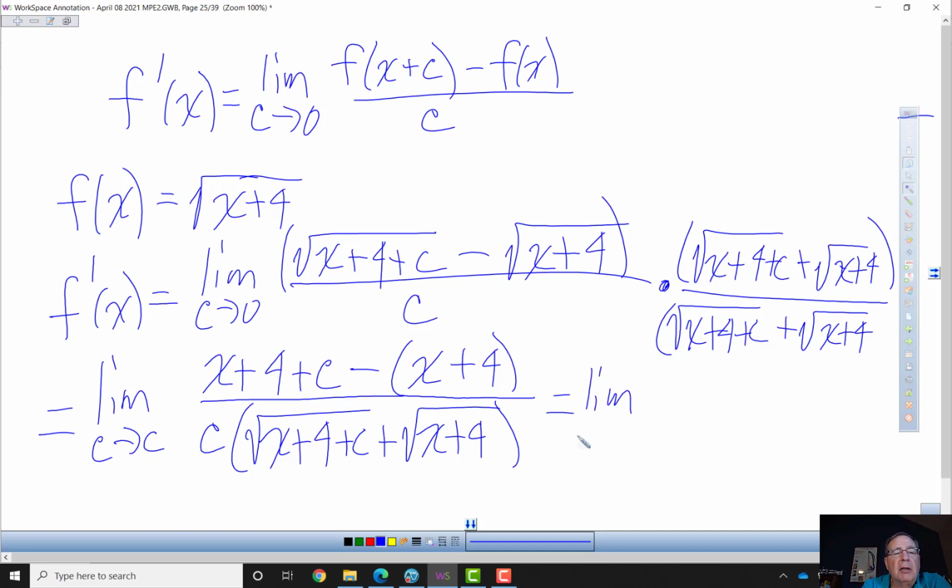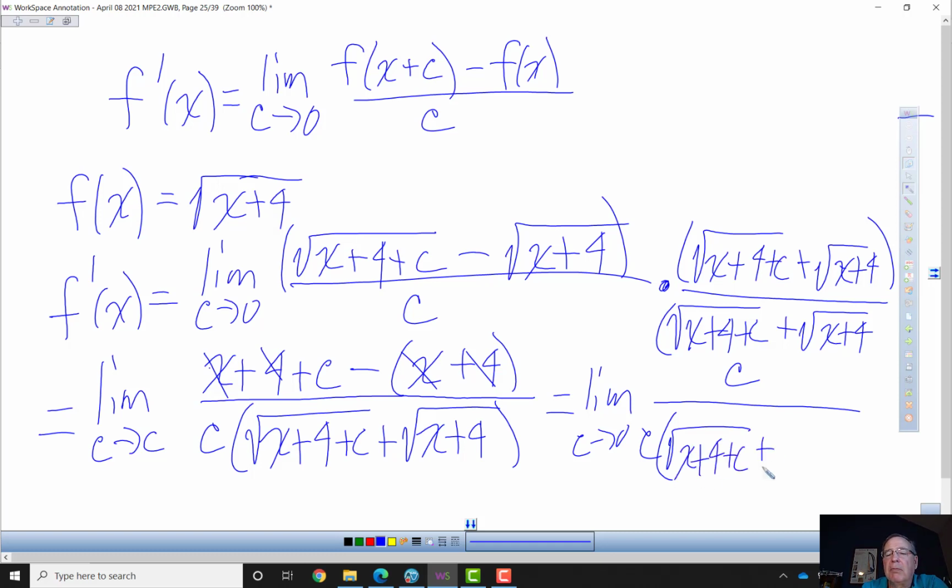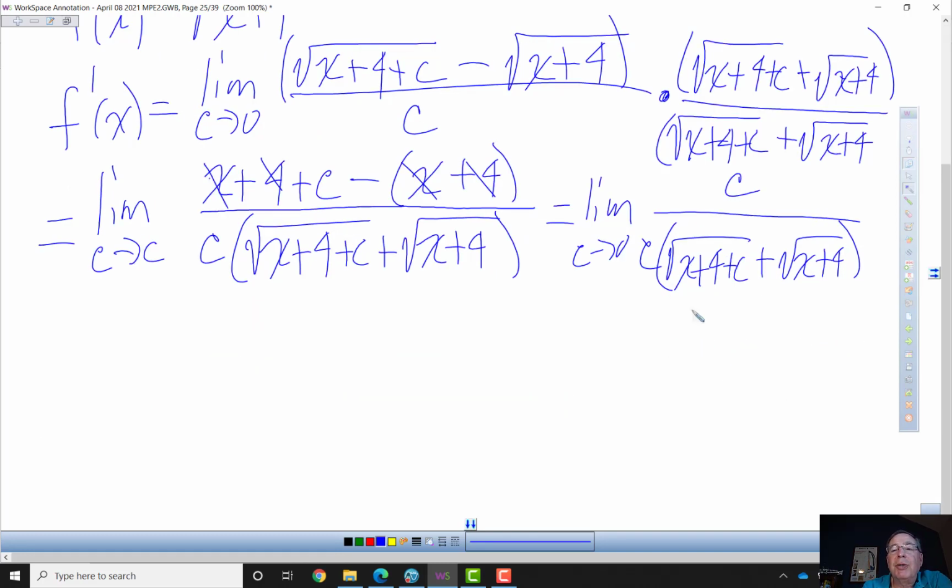Then limit again as c approaches 0, so the x is going to go away, the 4 is going to go away, so we've just got c in the numerator, and then c times the square root of x plus 4 plus c plus the square root of x plus 4. And now we need to still cancel the c's to 1s.